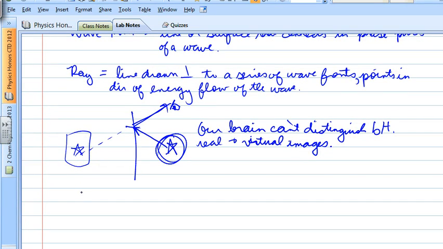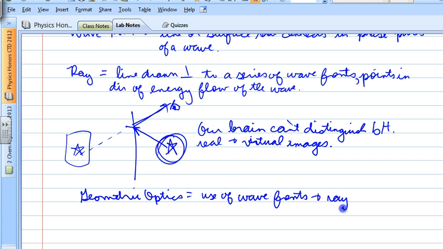And finally, we come to our definition of geometric optics. Geometric optics is what we usually call the use of wavefronts and rays to describe reflection and refraction.